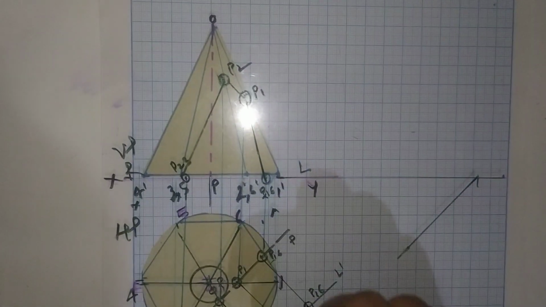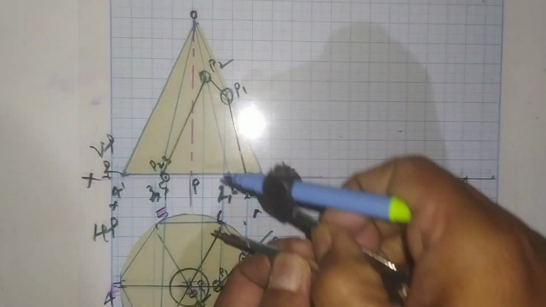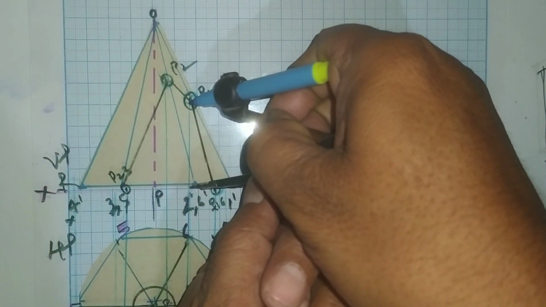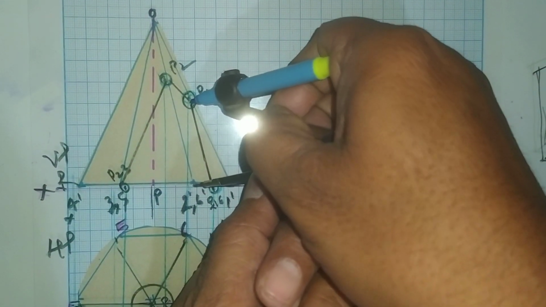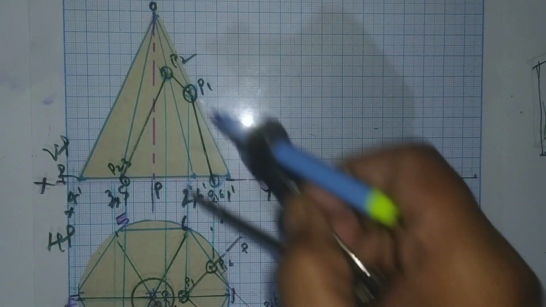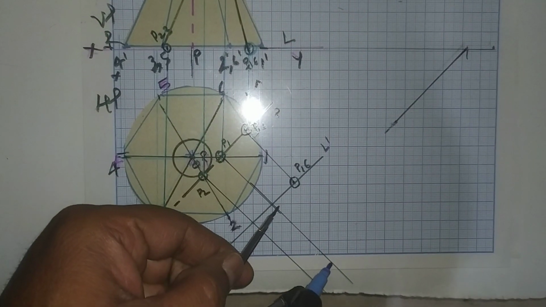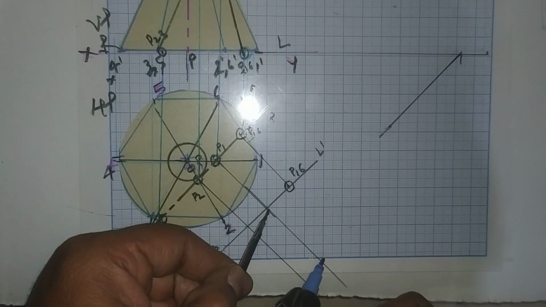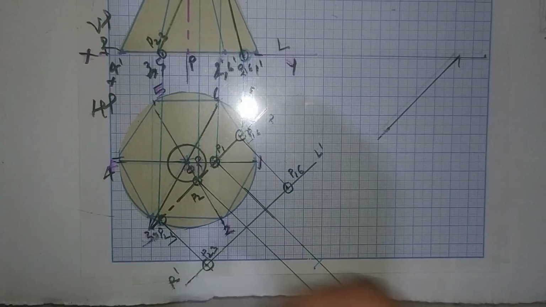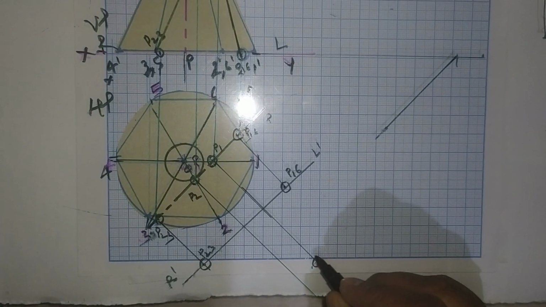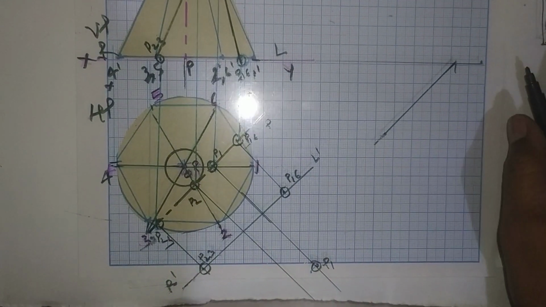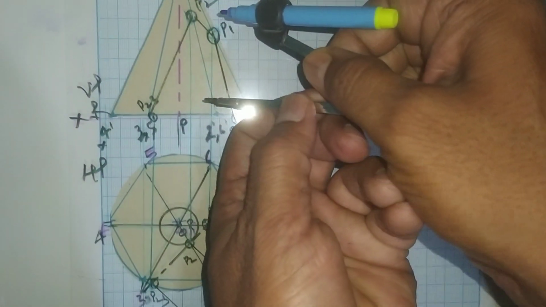First P1, on the same line which you have already drawn here, vertically, exactly at 90 degrees. We have already drawn the projection line, and this is the point P1. Now this is P2.